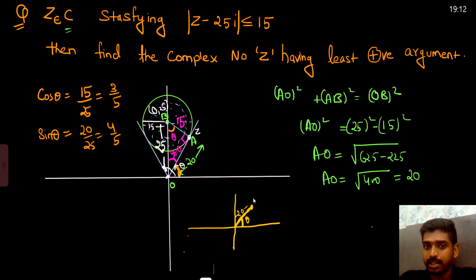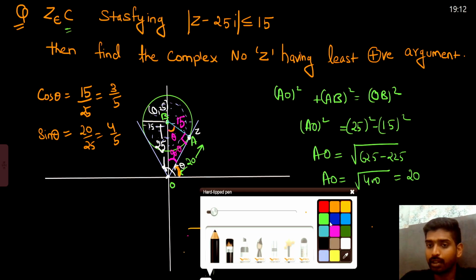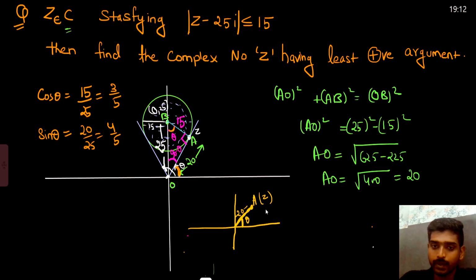This point's coordinate is our answer. The coordinates of A only are my required complex number. So we'll resolve this on the x-axis and this on the y-axis. This length will be OA cos theta, and this length will be OA sin theta.